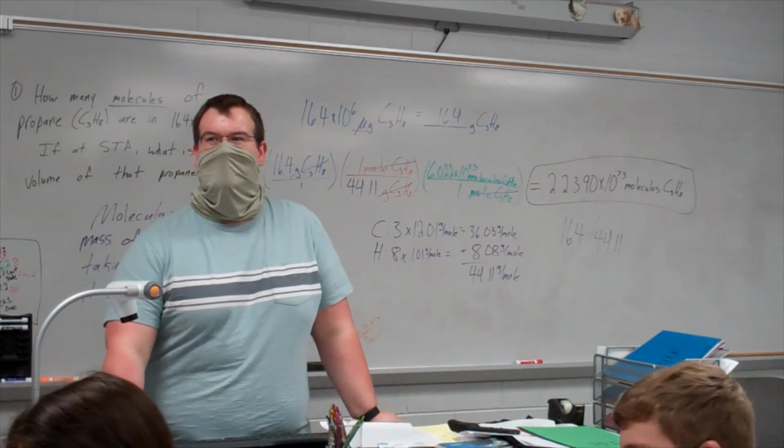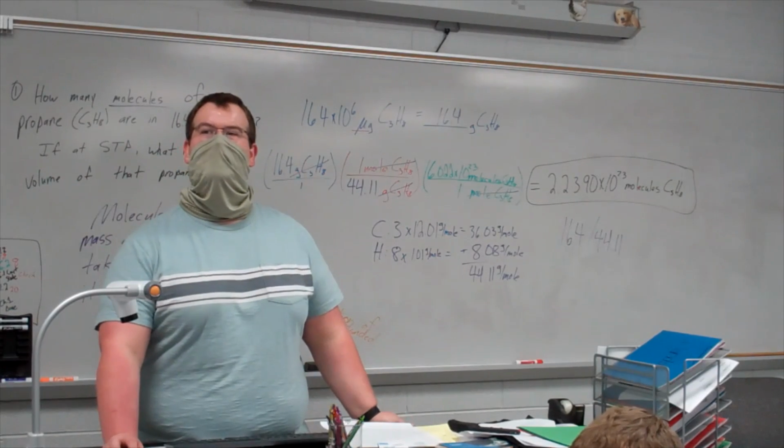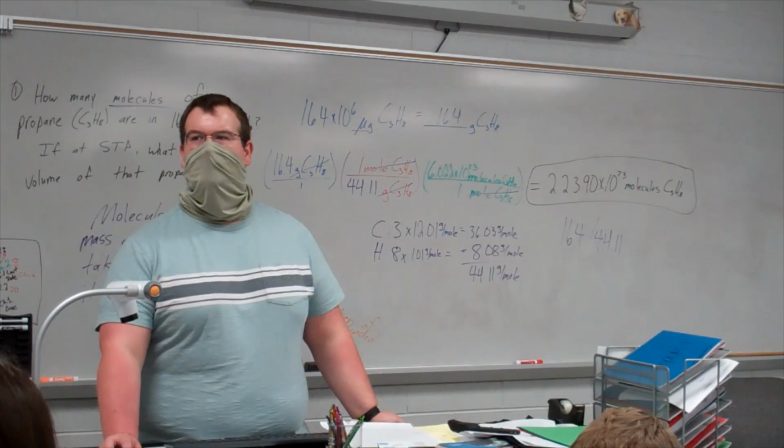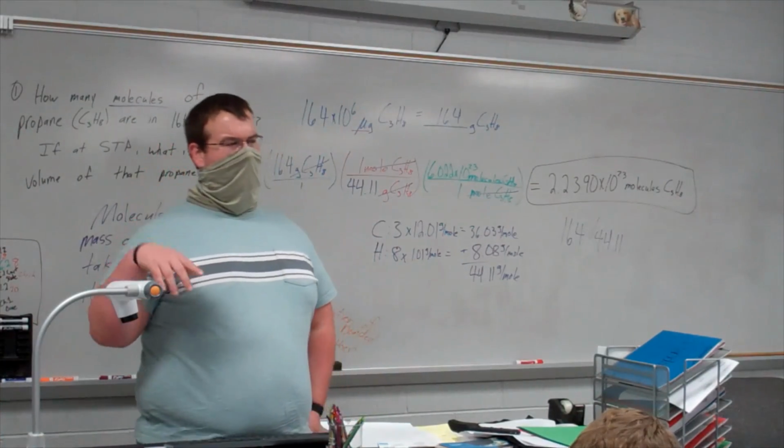Okay, so once I do that, I leave that in the calculator. Don't retype that number out if you don't have to. So then I multiply it by 6.022. And here's where I'm saying, don't do that times 10 with the caret key.